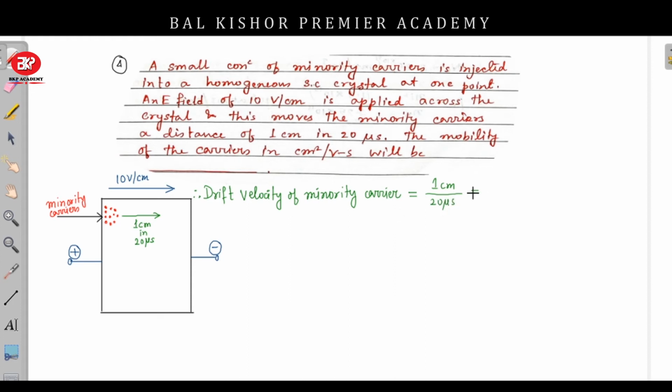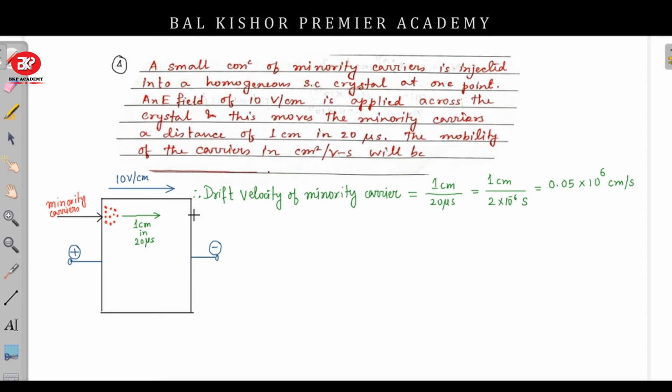So ultimately it will be 1 centimeter divided by 2 into 10 to the power minus 6 second. If I calculate this, you can find that it will be 0.05 into 10 to the power 6 centimeter per second. So this is the drift velocity of the minority carriers due to the applied electric field.